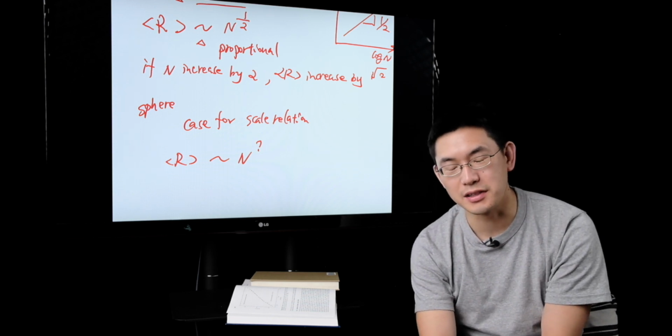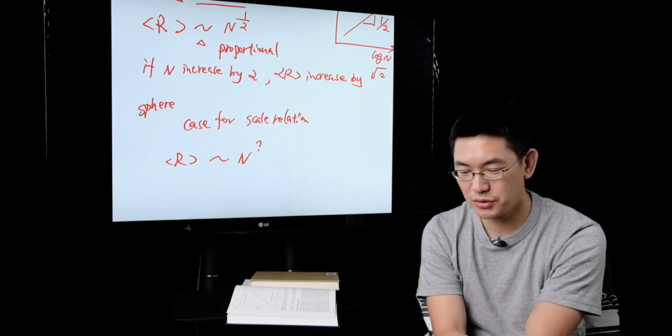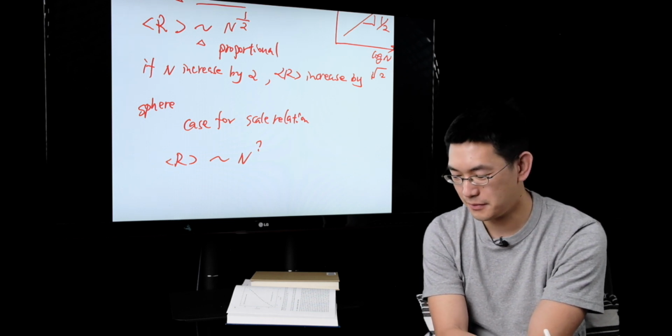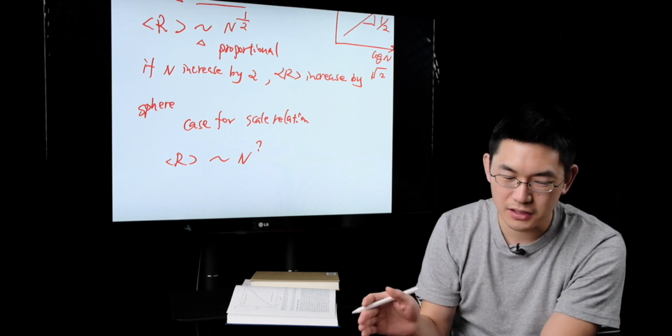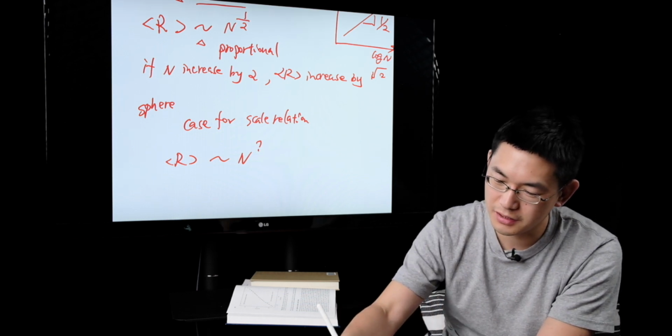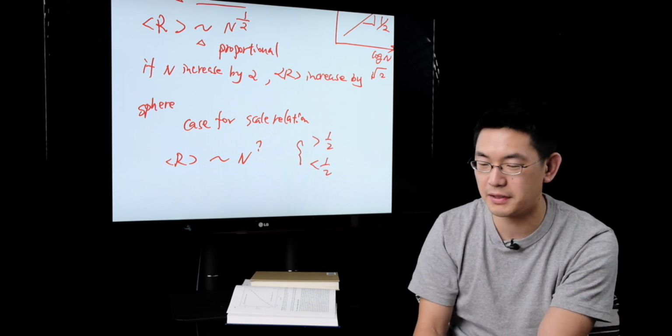I can tell you it's definitely not 0.5, because that would be related to what we talked about, the ideal chain. So if it's not 0.5, first let's see if it will be smaller or bigger than 0.5 and why.